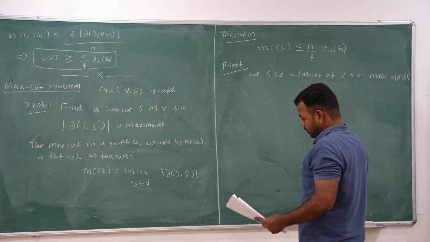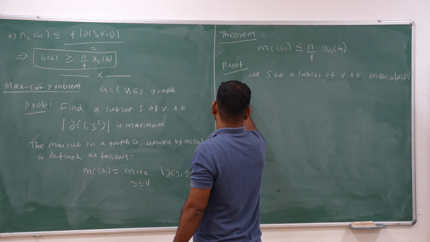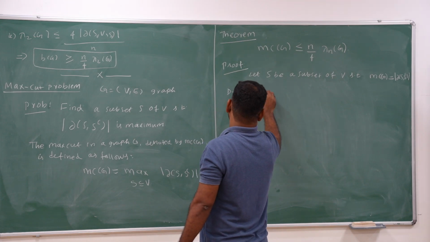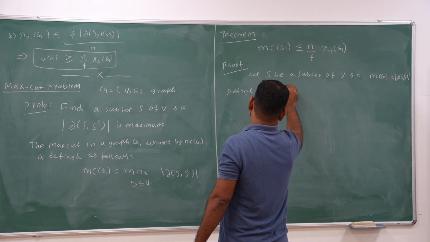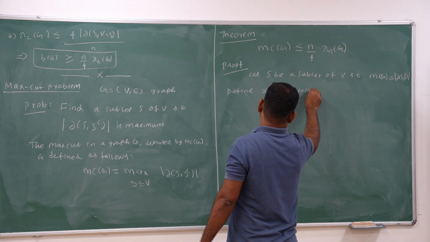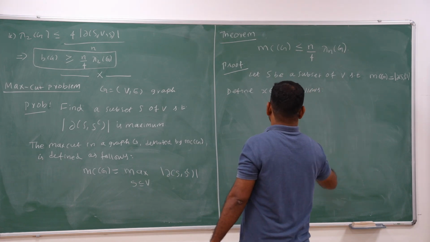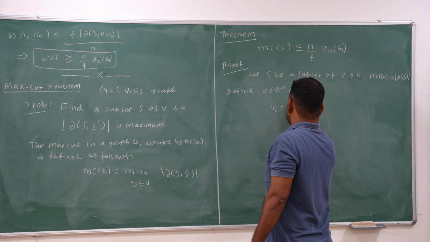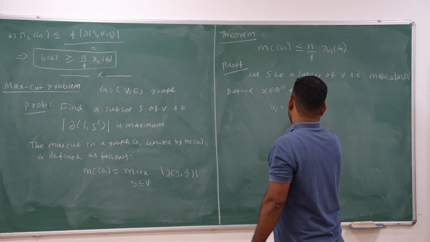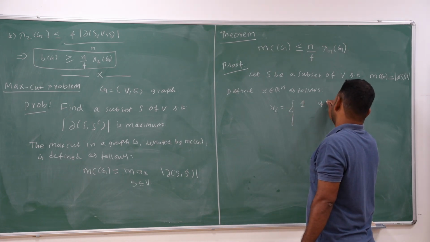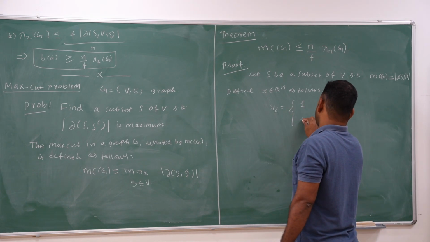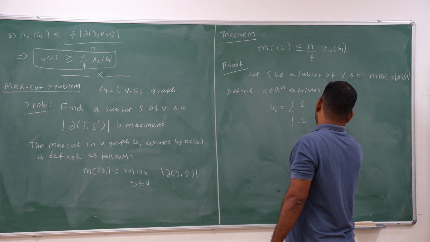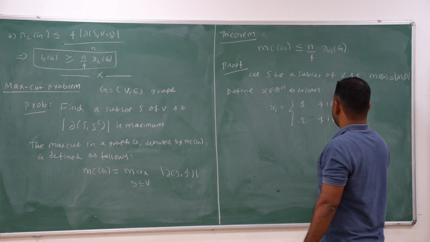Now define a vector x in Rn as follows, just a characteristic vector: xi is 1 if i is in S, and -1 if i is not in S.